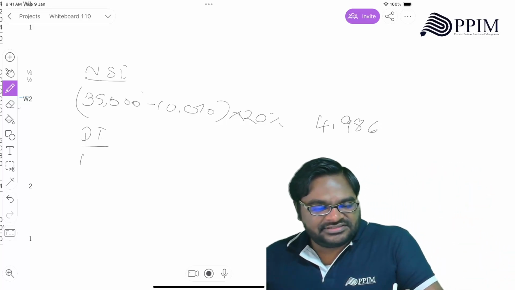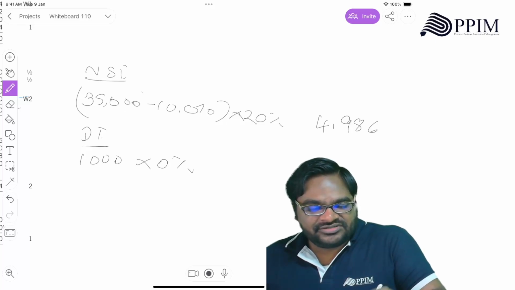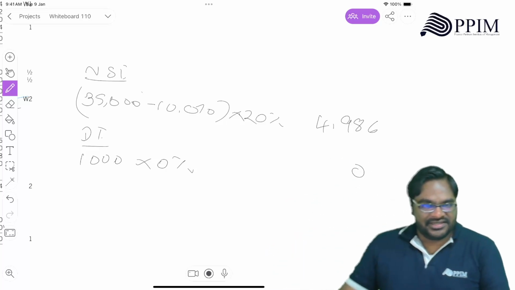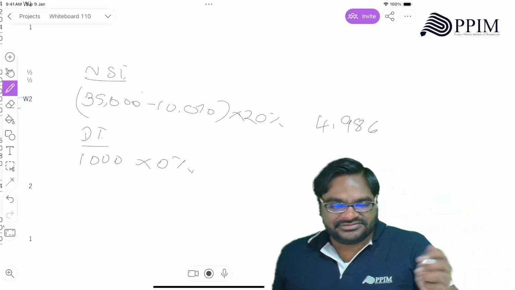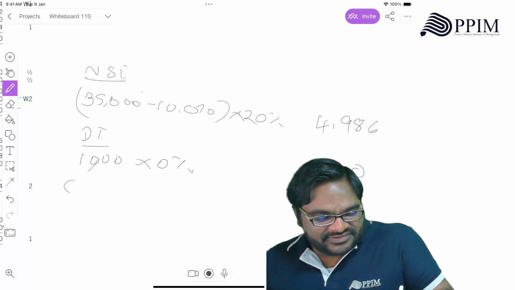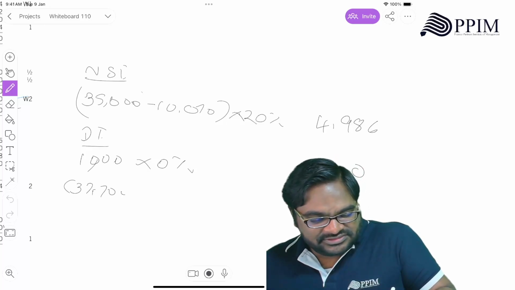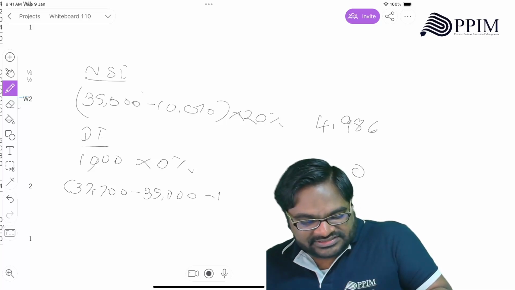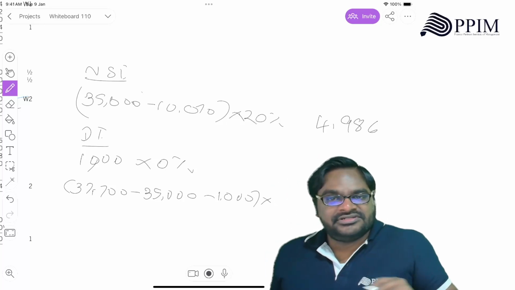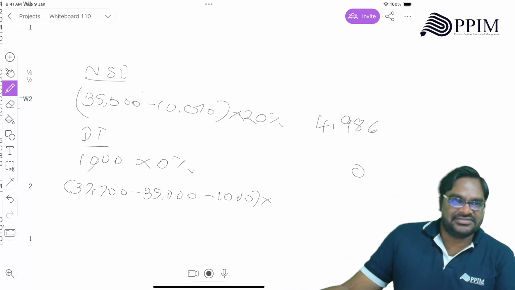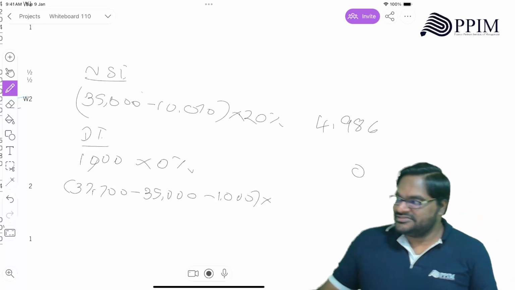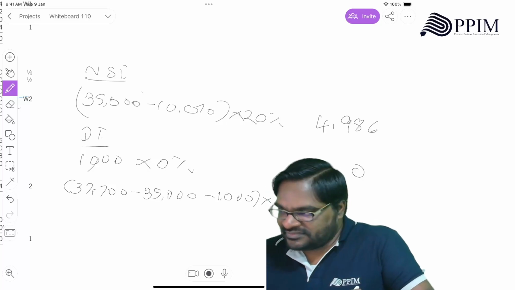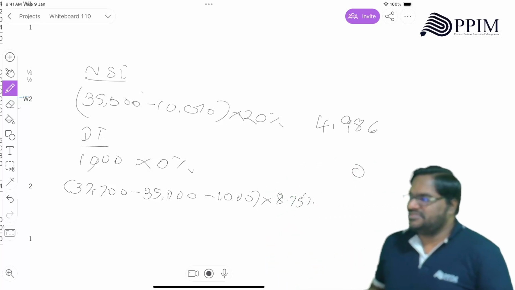Then dividend. Obviously, 1,000 is there for you at 0% at any point. So for that, you will get a 0. Correct? Then 37,700 minus 35 minus 1,000. This amount into 8.75, right? Basic rate band for dividend. Correct? How much? 149.